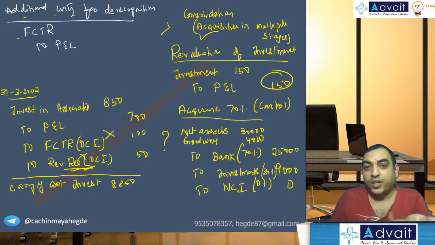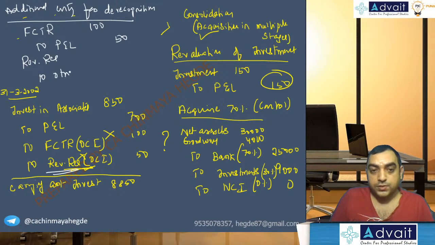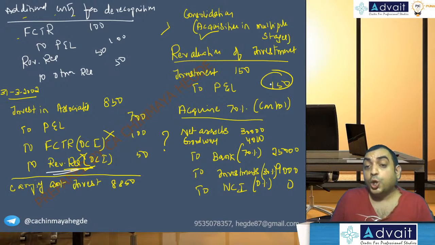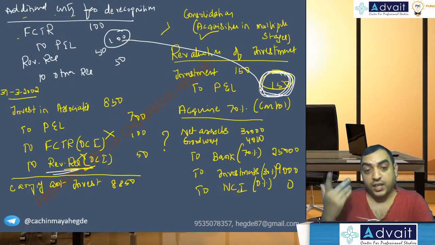This itself is their share only, so no need to multiply any percentage. FCTR account debit to P&L 150. And one more entry, this revaluation reserve is there. Revaluation reserve to other reserves is 50. So actually total profit and loss account will reflect 150 and 100, total 250 will go to P&L account. That's what the institute has given in one journal entry, but I am giving you in the form of a separate journal entry.